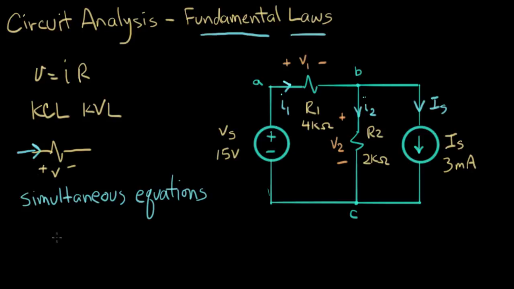So let's write down some things we know about the circuit. The first thing we're going to apply is Ohm's law to the two resistors. So we can say V1 equals I1 times R1. And we can say that V2 equals I2 times R2.